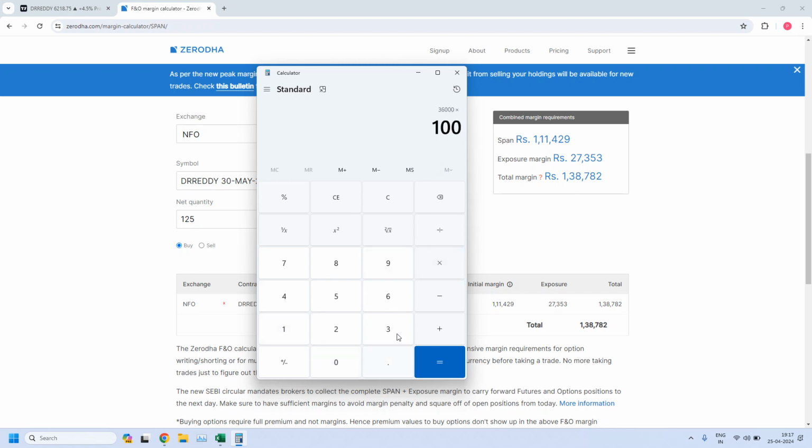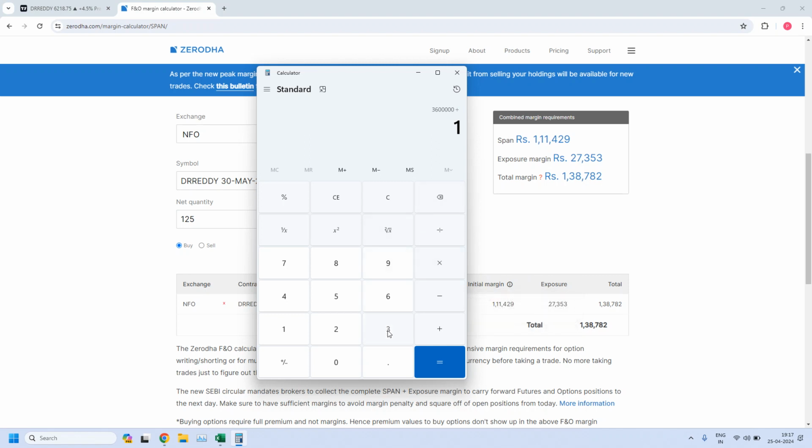Into 100 divided by 1 lakh, maybe by the time it reached, definitely, maybe 1 lakh 32,000 around margin will be there. Not 1 lakh 38, definitely 1 lakh 32 or 33. So let me give at least 35 for the benefit of doubt. Let us reduce our ROI by increasing this value.